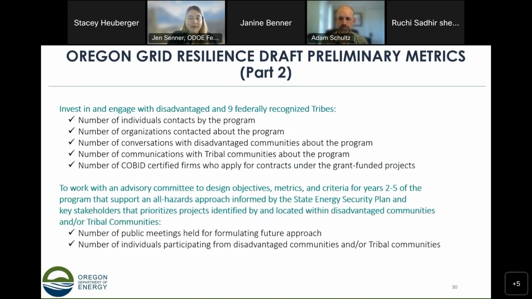In addition, we have some metrics around our investments and engagements with disadvantaged communities and the 9 federally recognized tribes, as well as metrics that can help us evaluate our progress as we look to the future and consider our work with an advisory committee to design additional objectives, metrics, and criteria for years 2 through 5 of the program that can support an all hazards approach informed by the state energy security plan and key stakeholders to help us prioritize those projects that are identified by and located within the disadvantaged and/or tribal communities.